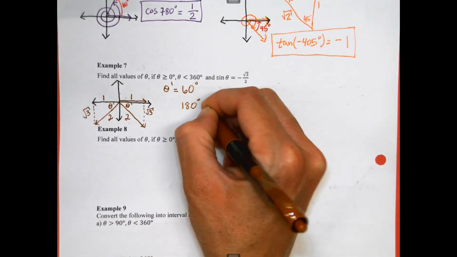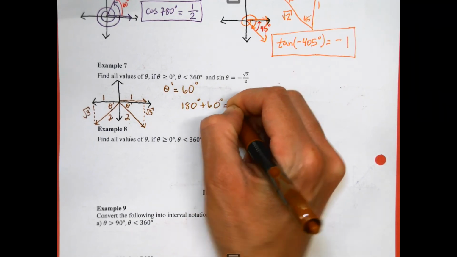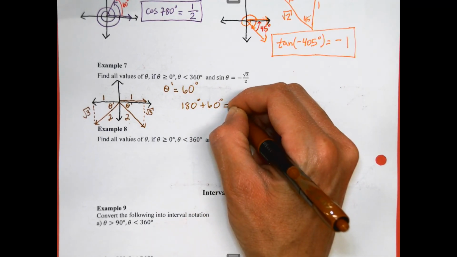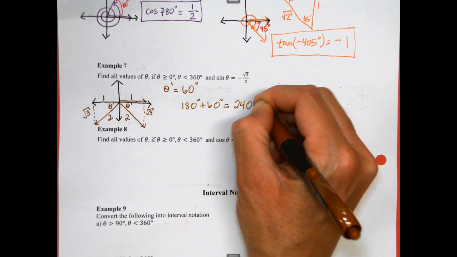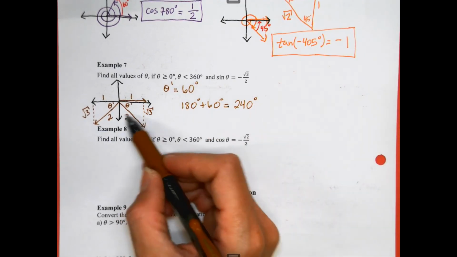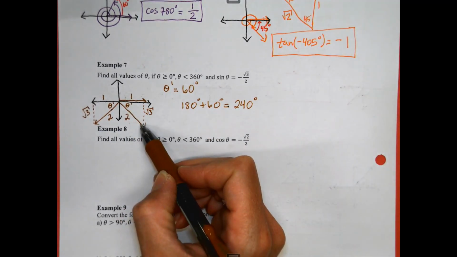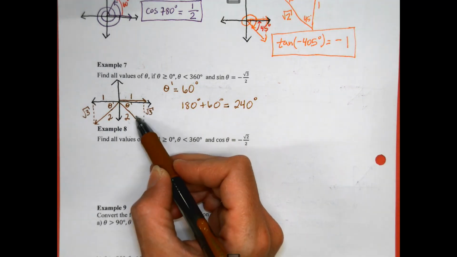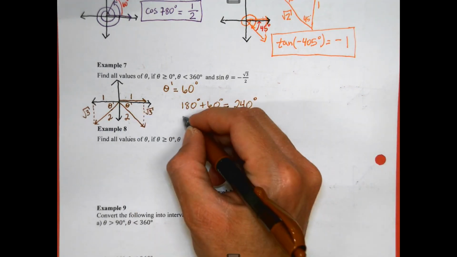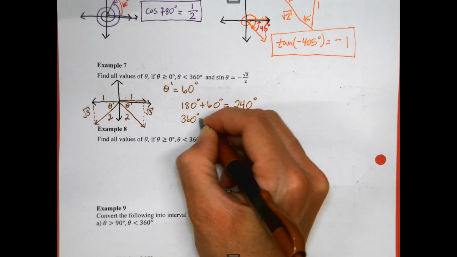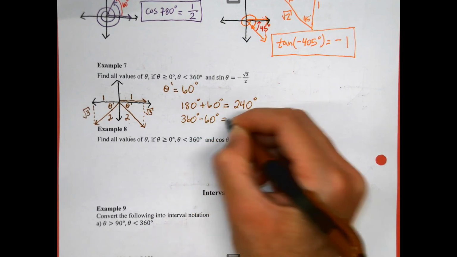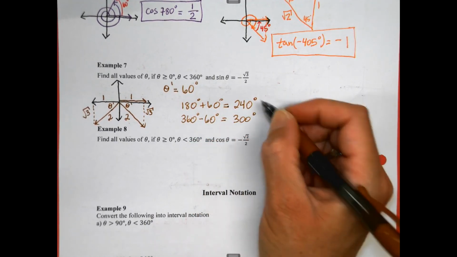So 180 plus 60 gives us 240 degrees. We also ended here in quadrant 4. This angle is 60 degrees away from 360. So 360 minus 60 gives us 300 degrees.